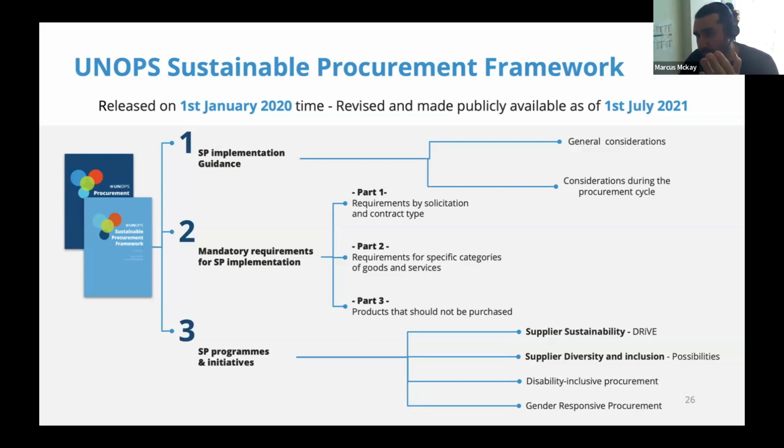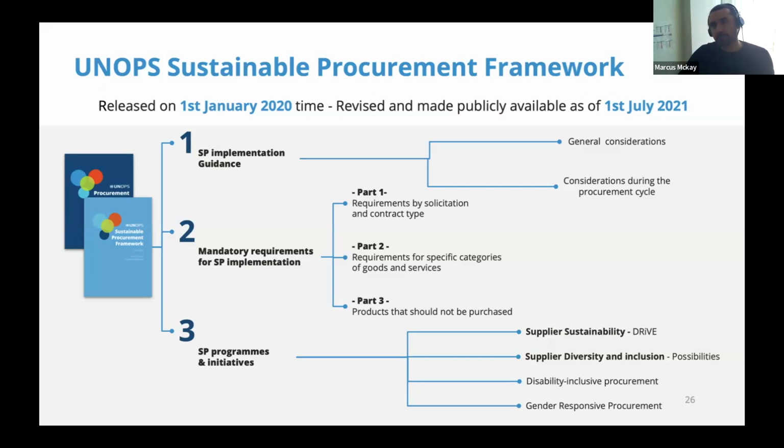And then we also have categories that are on the do not buy list, and they require a specific waiver for exception from the procurement director. For example, diesel generators are one of those categories, and they require an exemption and a waiver from the procurement director in order for you to procure.